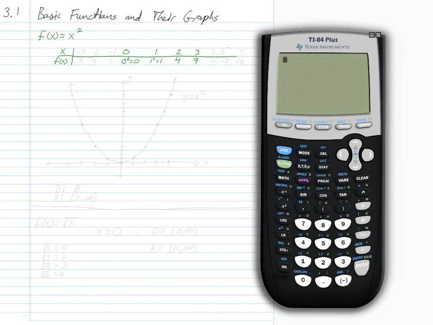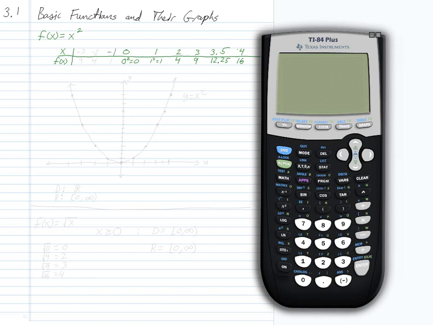If I plug in 3.5, you can plug that one in your calculator, we would get 12.25. And if I plug in 4, I would get 16. So these are just a sampling of the x values that we could plug in and the resulting y values that we would find. We can also go in the negative direction.